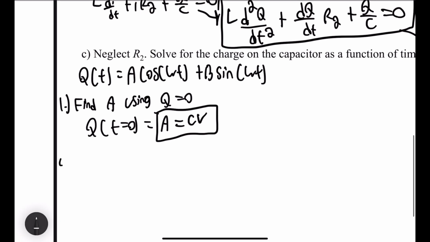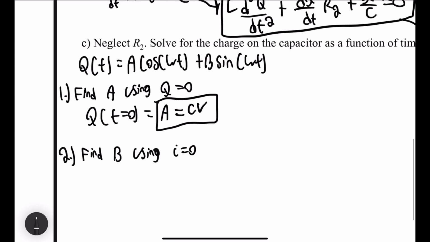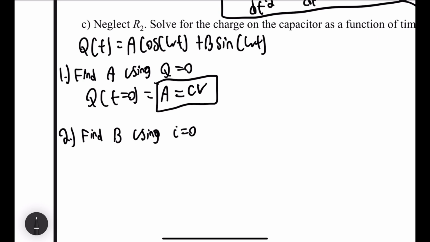Now the second step is to find B using I equal to 0. But we don't have the equation for I. We know I is dq/dt. So I of t would be, derivative of cosine is negative sine, so negative A, and then chain rule, omega sine omega t.